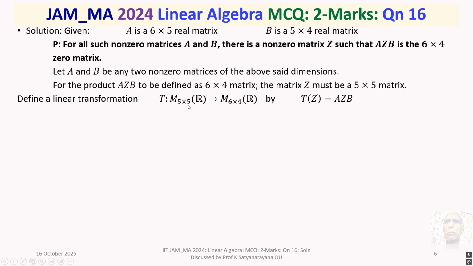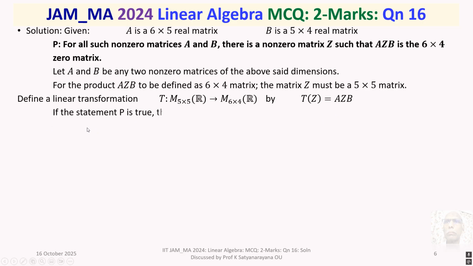Z comes from M 5 by 5 over R and goes into M 6 by 4 over R as AZB.